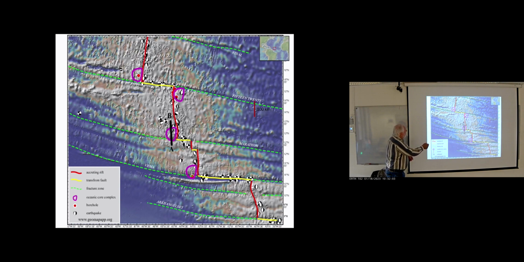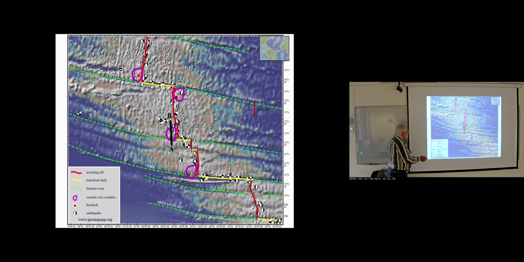The scar of the valley of the transform fault, which according to Morgan and his team is due to oblique extension, remained embedded, and you can see the trace of the fracture zone all across the ocean. The mobile part is here. Earthquakes occur only here and along the ridges.